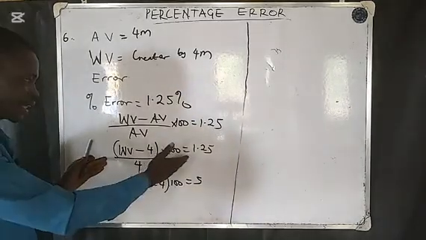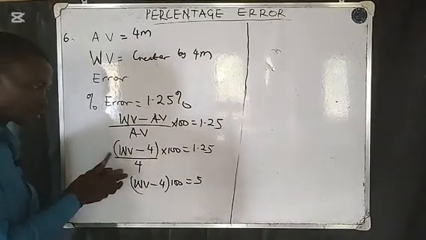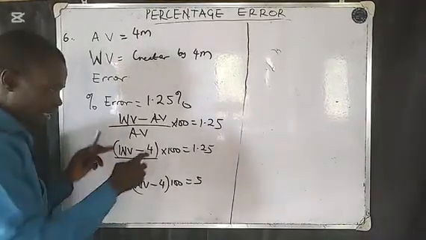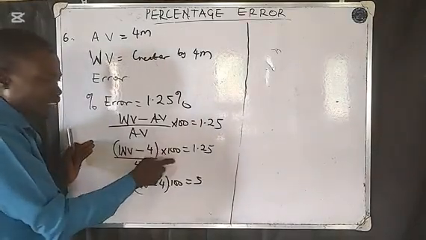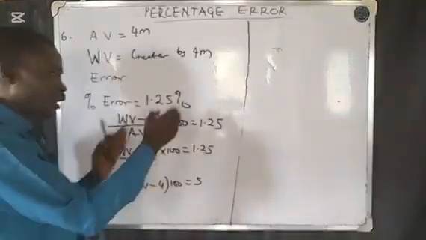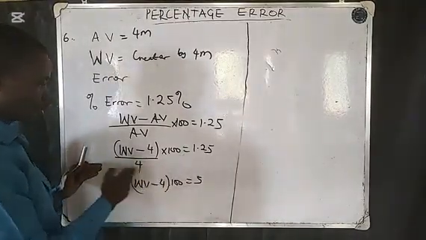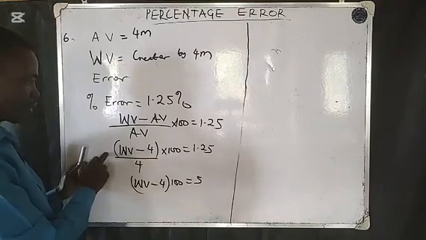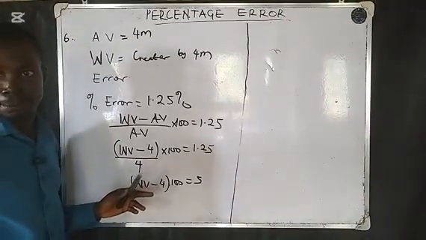The bracket has made everything inside to be 1, and the times also made the outside one to be 1. So it's like you have one fraction here and one fraction here. To clear the denominator, you multiply both sides by 4. The denominator is gone. Is that okay? Good.